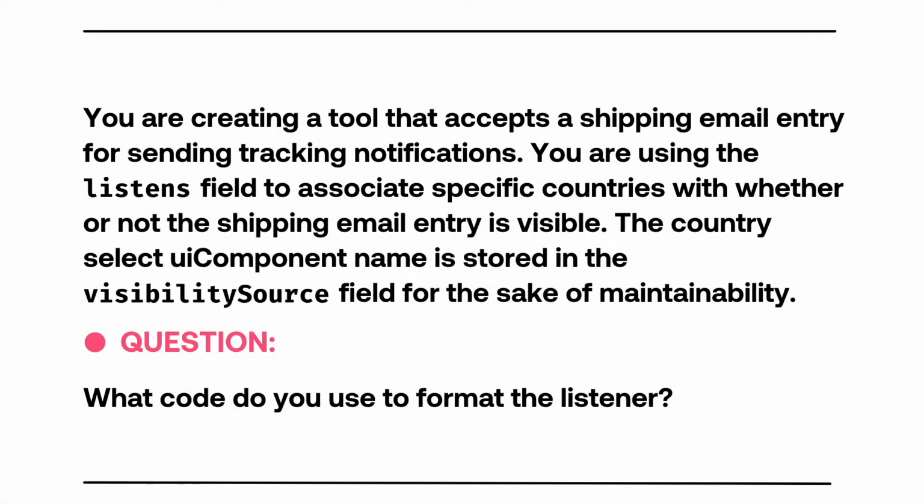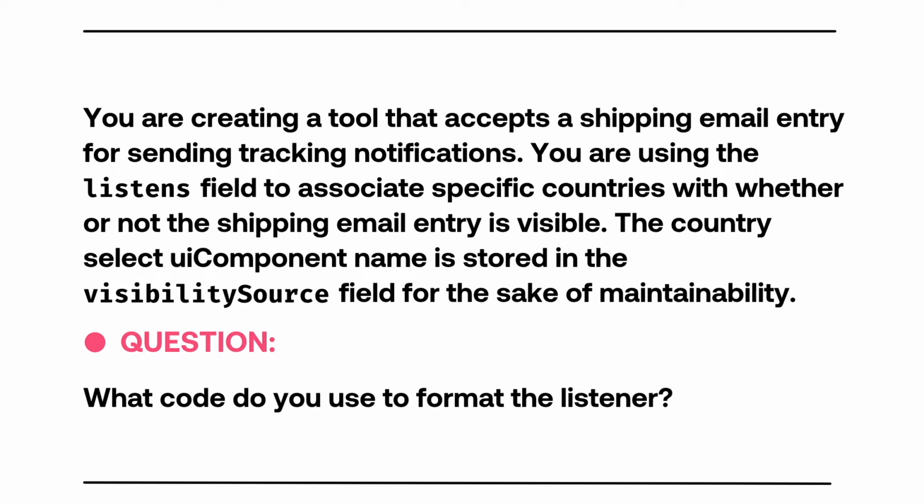Well, let's look at the question first, the answers, and then we're going to dissect and figure out which one is the right answer. Take a look here. You are creating a tool that accepts a shipping email entry for sending tracking notifications. Quick diversion here. This is the continuation of this same idea. So you might say it's like a bit of a free course, though, in practice test question form.